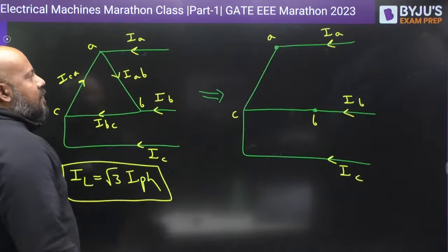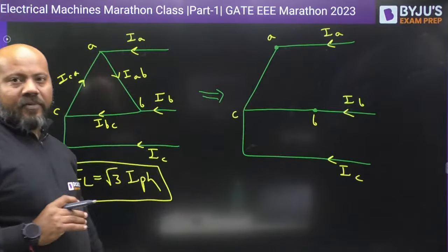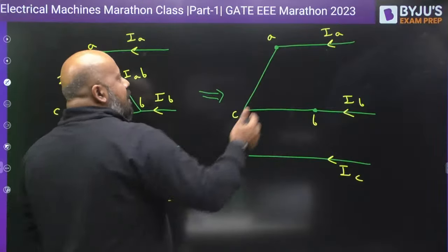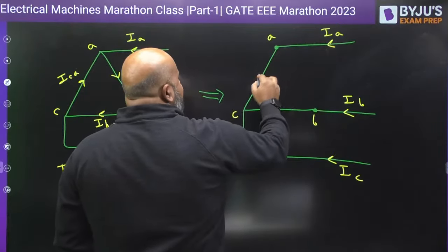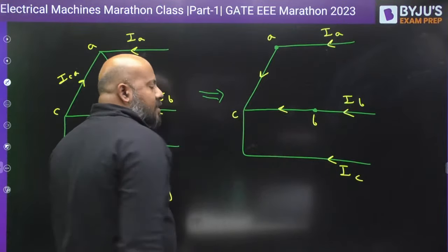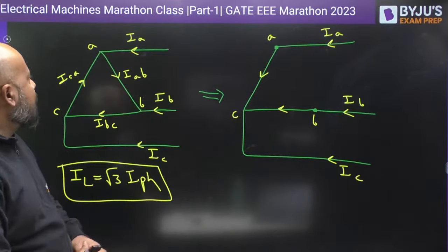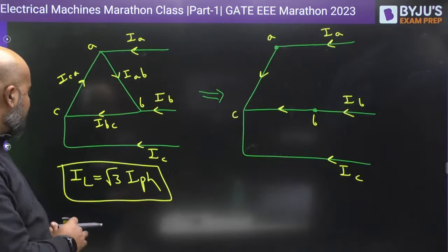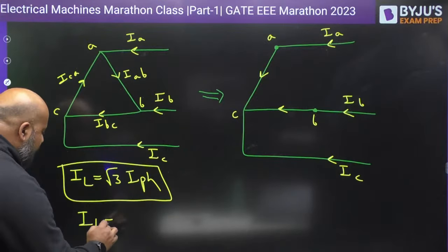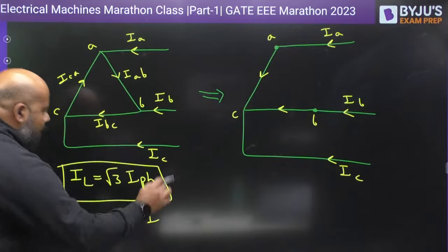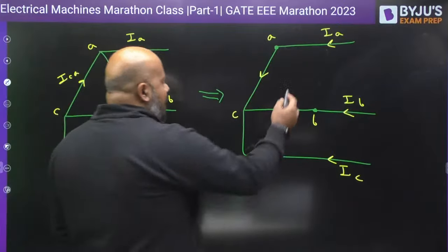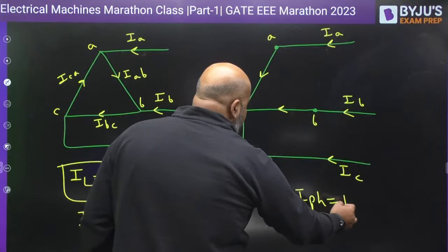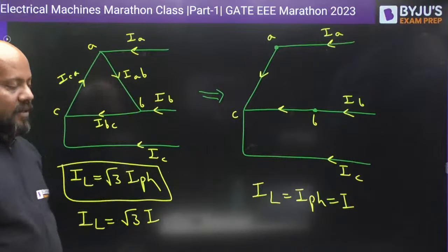Just take the reference of phase A and phase B, because only two phases are present now. The third phase is gone. Now the line current and phase current became the same. Earlier the line current IL was √3 times I, whereas here the line current is the same as the phase current, simply I. I hope you are getting this.